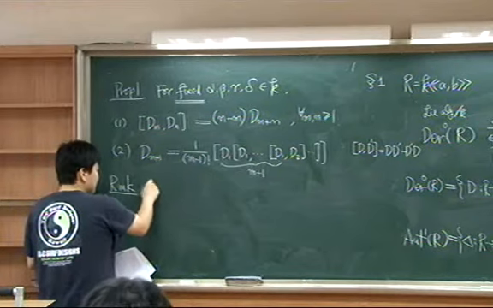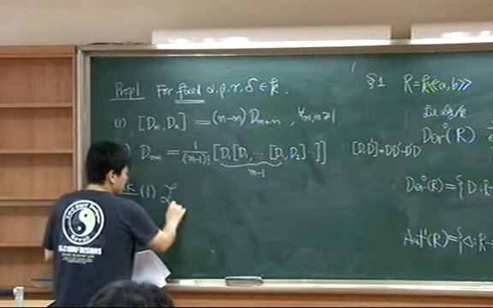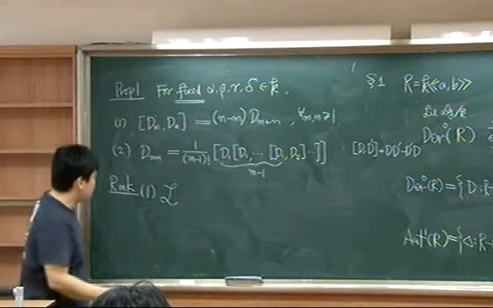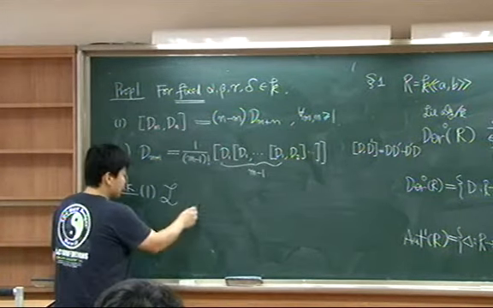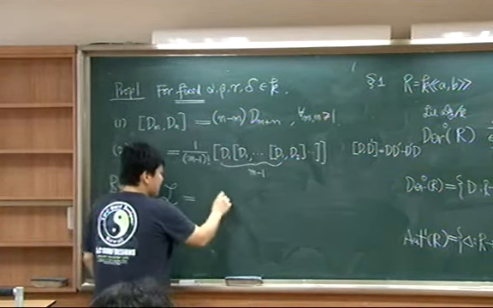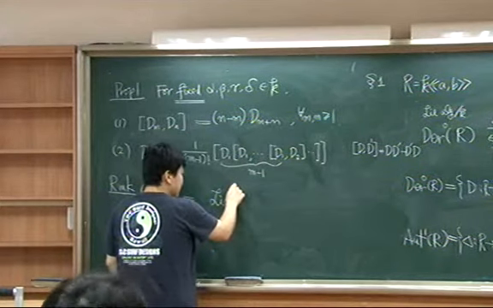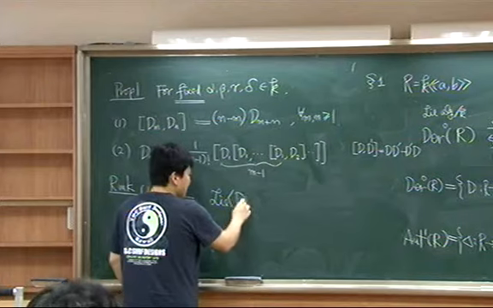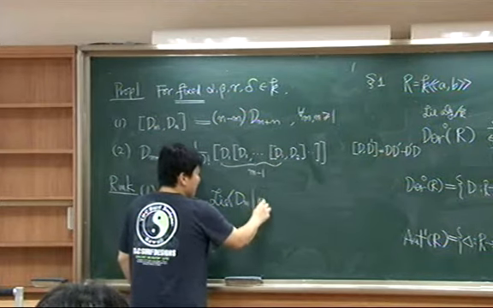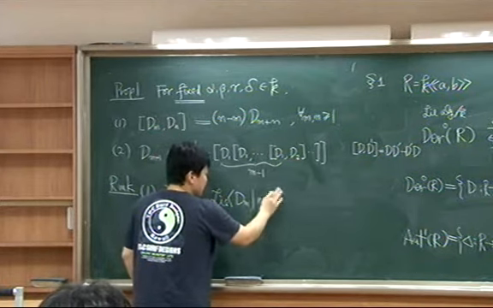First remark. We use the script L for the real algebra generated by dm. Here m runs over all positive numbers.